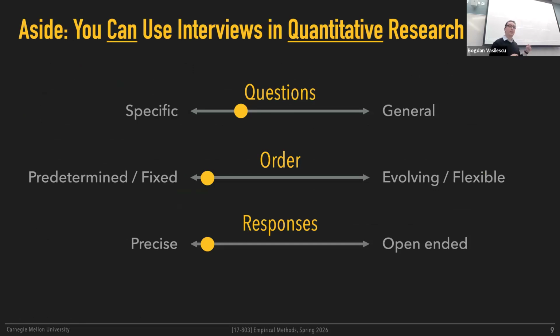As an aside, you can absolutely use interviews to do quantitative research. You could administer a numeric or quantitative questionnaire scale through an interview, and ask people to give you numeric answers to very specific questions. You could do that. There's nothing preventing you from doing this. It's just silly.